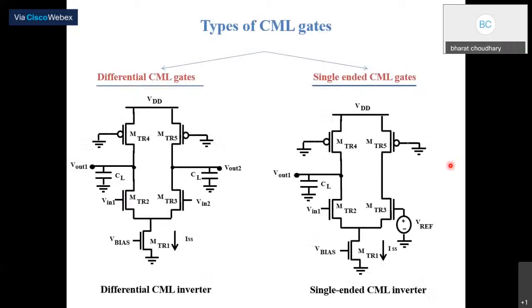So this is all about it, and there are basically two fundamentals. Different types of CML gates are available. There are two differential inputs, and we are getting differential outputs. If this differential input is high, we are getting the complement at the output, because either of these branches will be on. Similarly, if we apply a single-ended input, we get a single-ended output, and the second input is connected to a DC supply source.